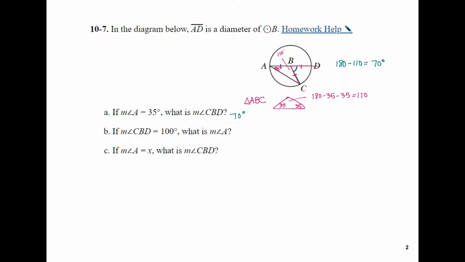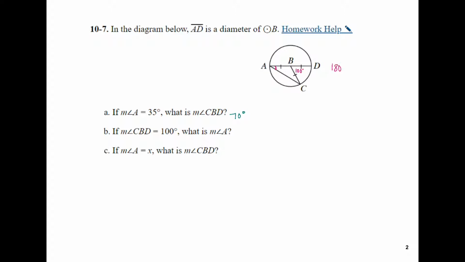If the measure of angle CBD is 100, what is the measure of angle A? So I went ahead and erased our picture because now we want to know if the measure of angle CBD is 100 degrees, what is the measure of angle A? So we can go about this the same way.